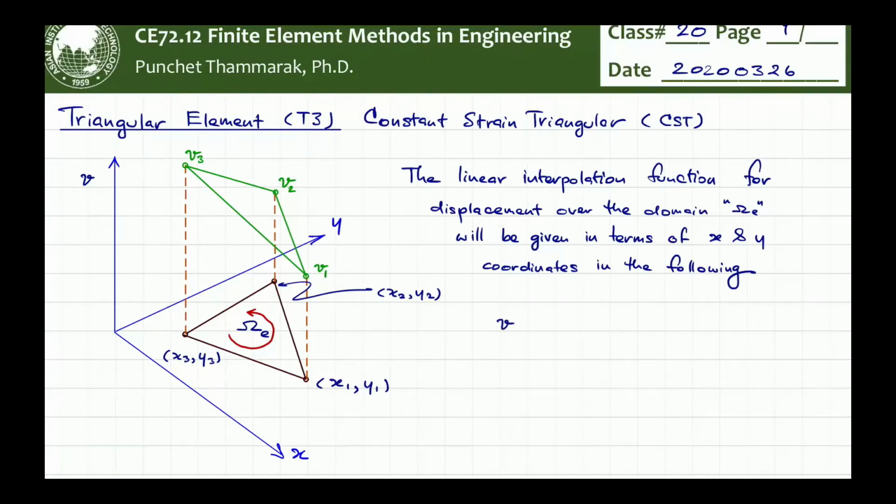So it could be u, it could be v, it could be any function. It's given in terms of x and y.